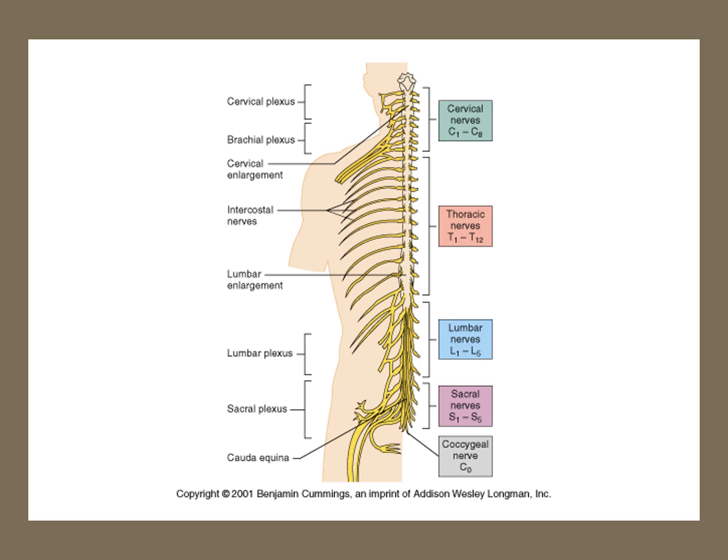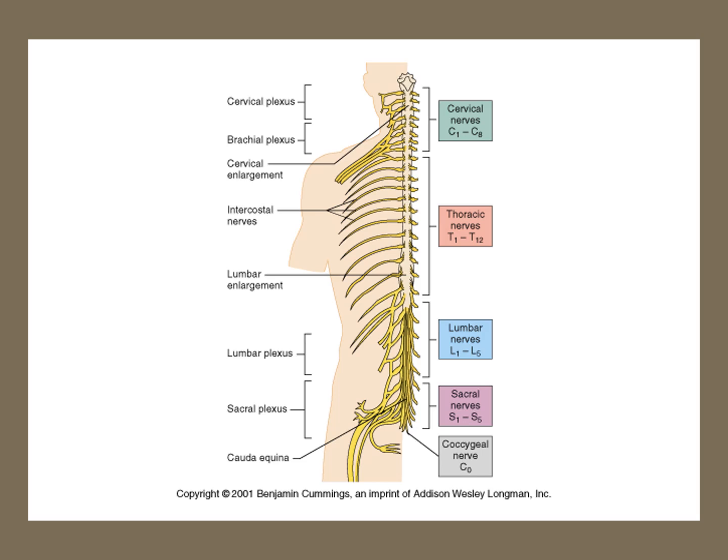So if you're in the thoracic region, you're going to become an intercostal nerve if you're coming off the ventral rami. Or if you're anywhere else in the body, you're going to develop one of these 4 nerve plexuses. So they branch, all of these ventral rami, and come together and form a nerve plexus.